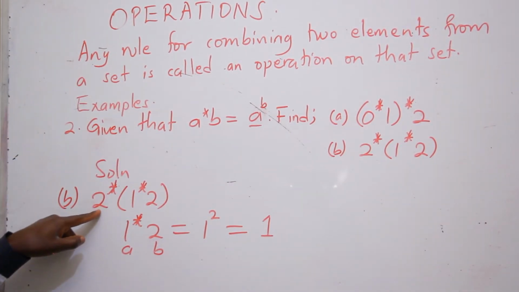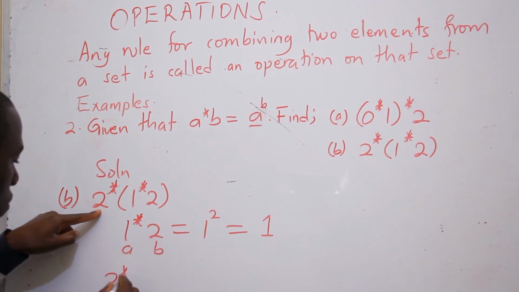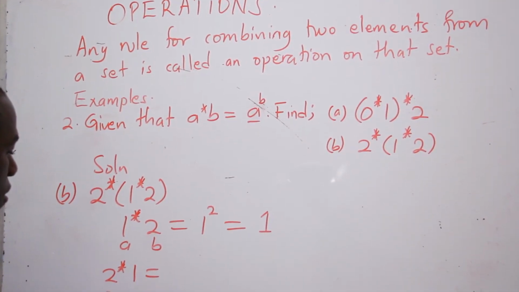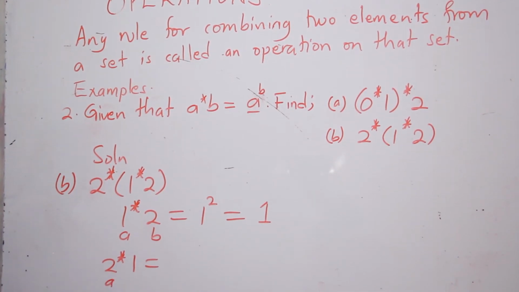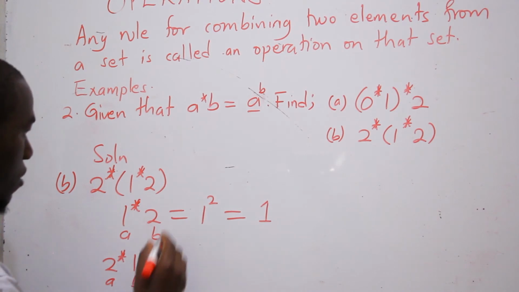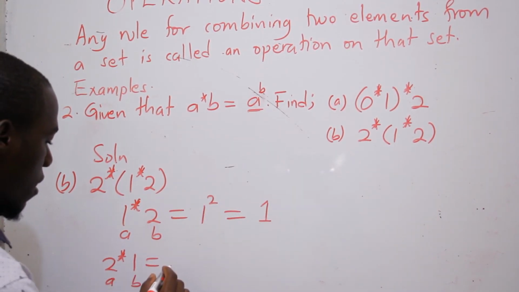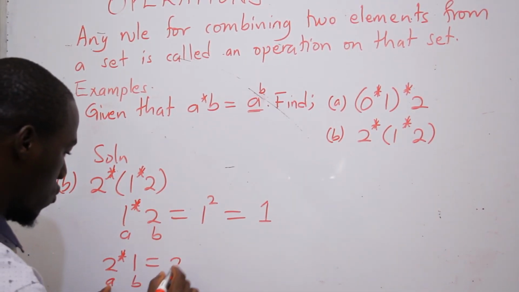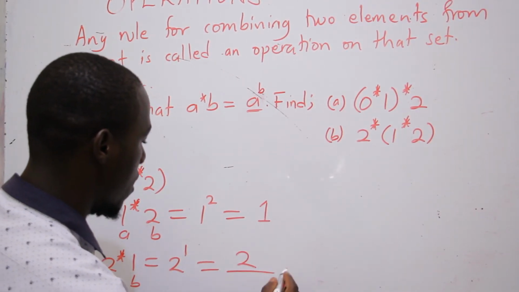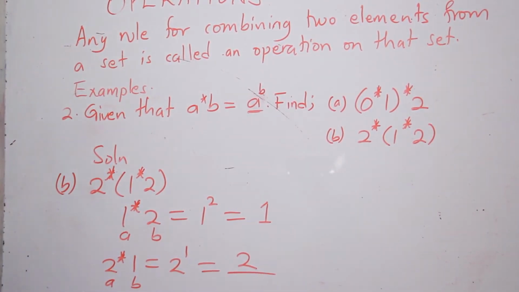Then I combine 2 star, the answer I've got there is 1. Then my A is going to be the 2, and my B is going to be the 1. So I substitute in that formula. That is 2 power 1, and any number power 1 is that very number. So that is my example 2.